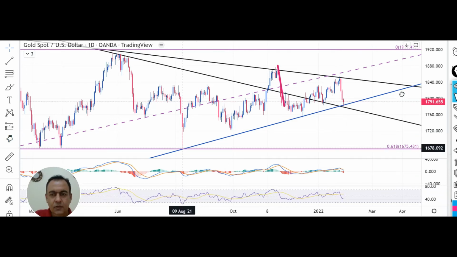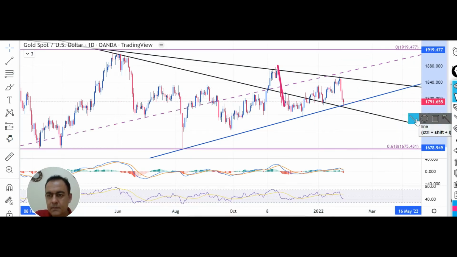If we join the lows like this, we get a rising trend line. So it found support here, here. If you want me to mark, here, and now maybe here.